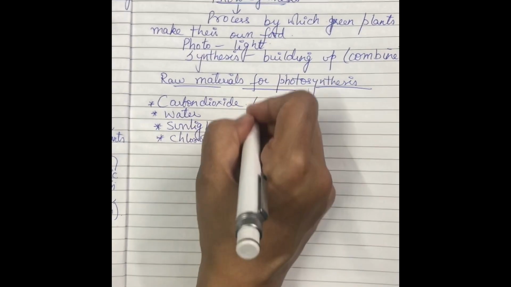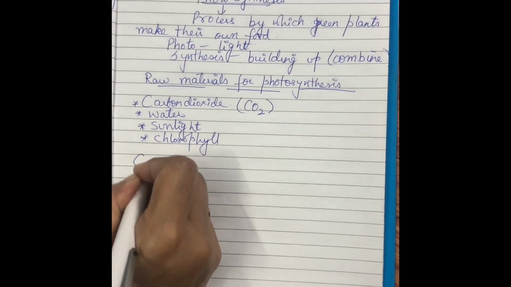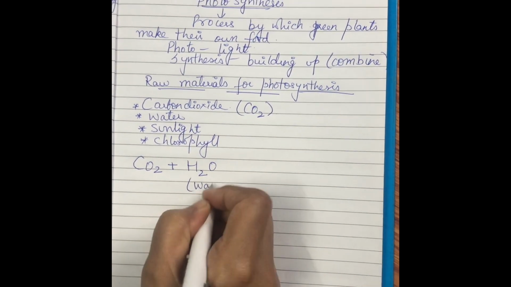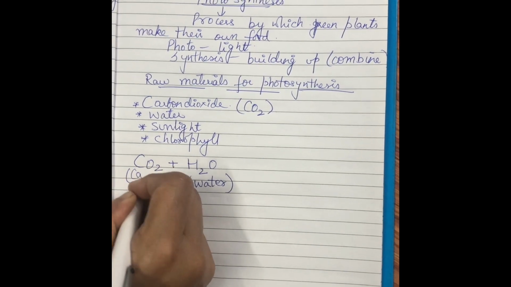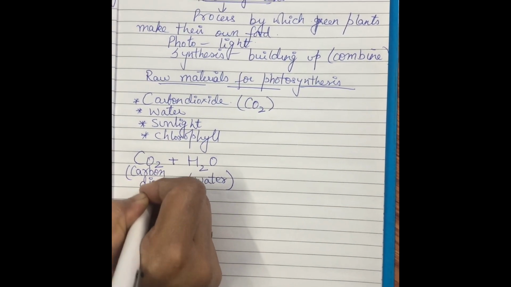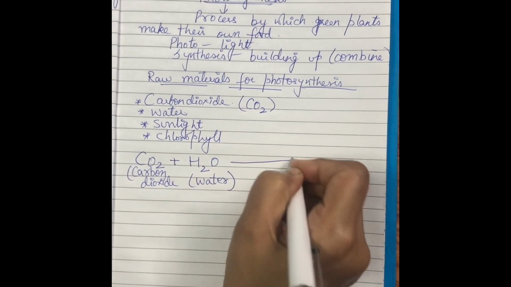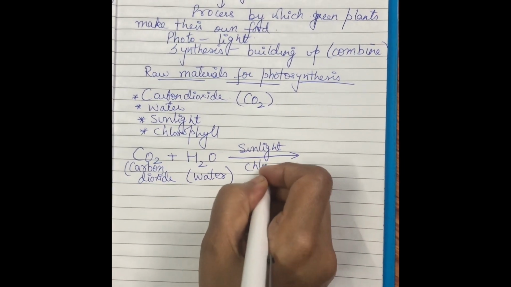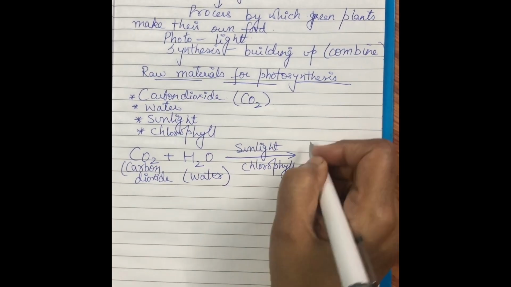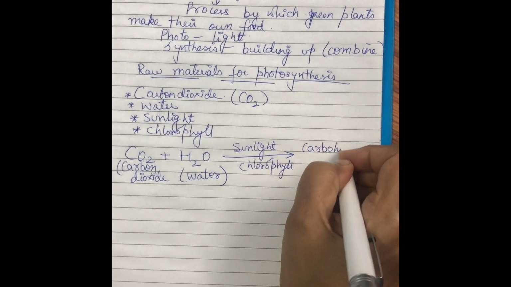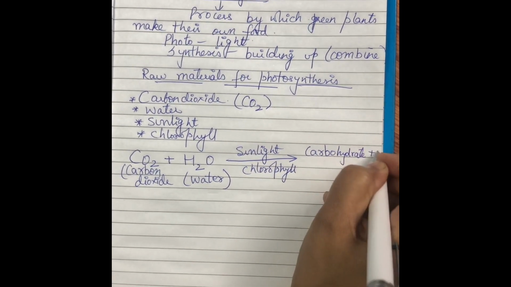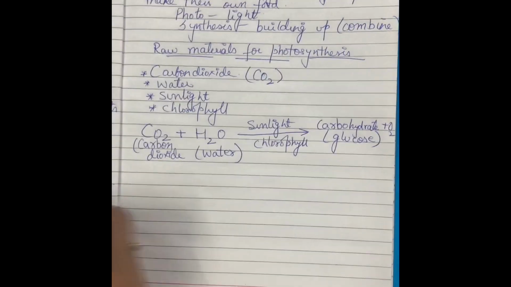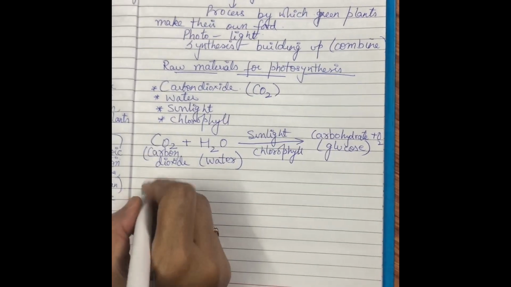In the equation form, carbon dioxide is written as CO2, plus H2O is water. In the presence of sunlight and chlorophyll, food is prepared: carbohydrate plus oxygen. Example of the carbohydrate is glucose.